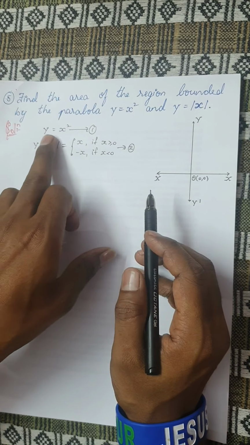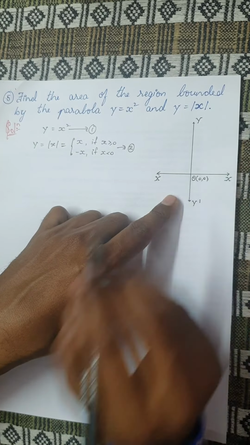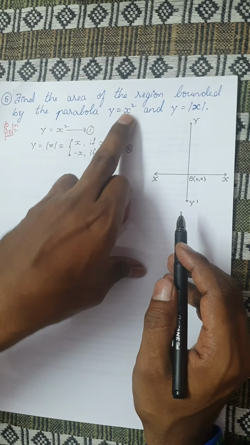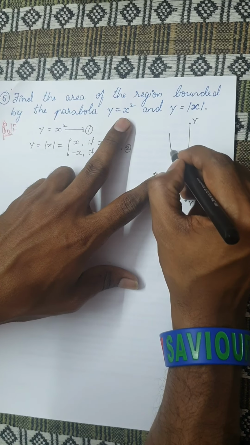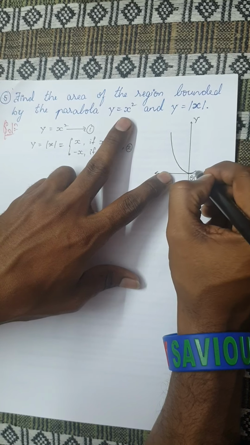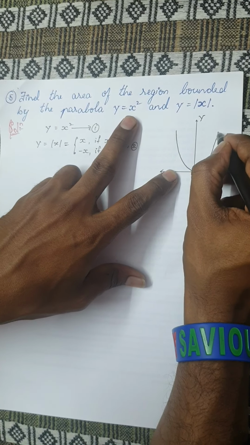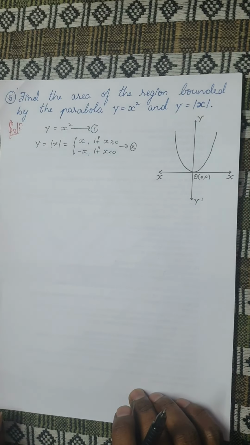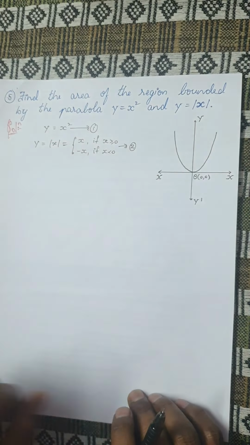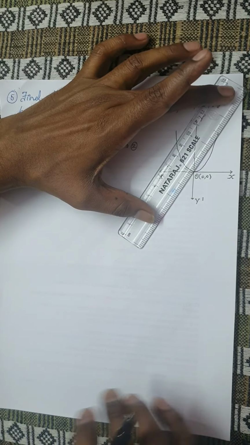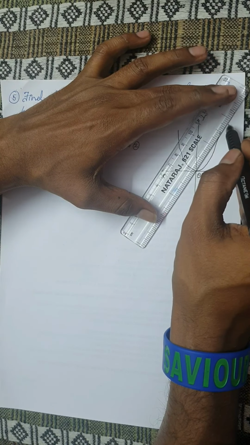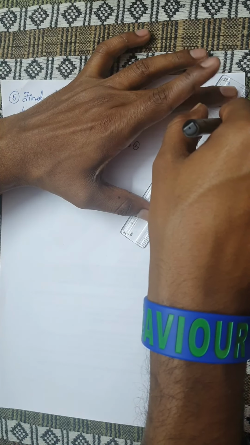Now, y is equal to x square. We all know that it is a parabola facing up, because the square is for x. Along with that, please be very careful. y is equal to mod x is a curve which goes exactly at 45 degrees.